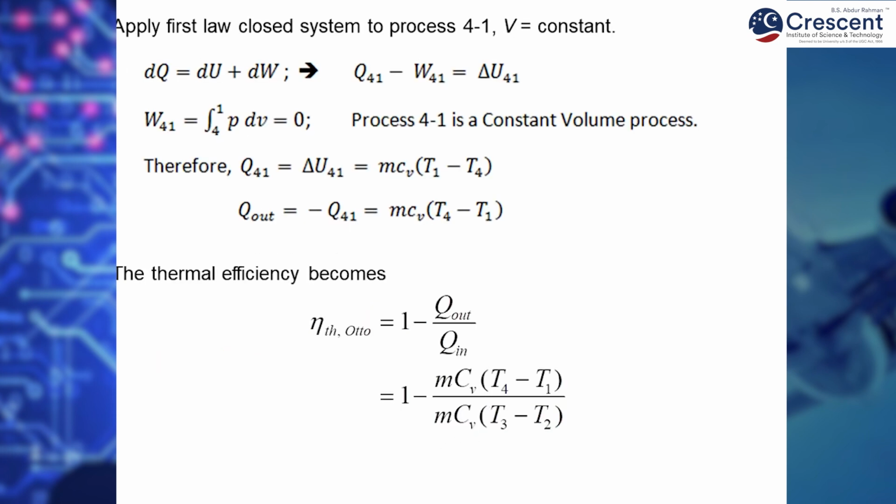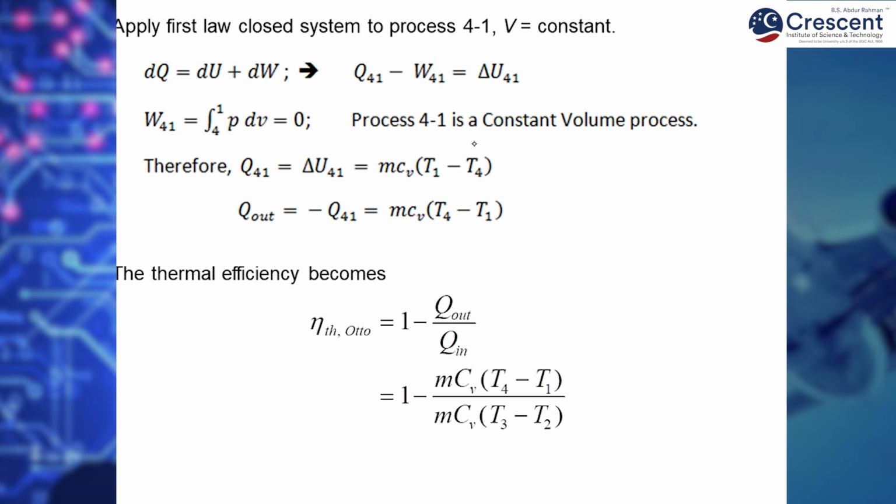And similarly, we can find out the heat rejection also. Again we use the first law of thermodynamics to derive this equation. The first law says dQ equals dU plus dW. Applying it to process 4 to 1, Q 4 to 1 minus W 4 to 1 should be equal to delta U 4 to 1. Again, it is a constant volume process. In the thermodynamic cycle we are discussing, which is the Otto cycle, both heat addition and heat rejection happen at constant volume.